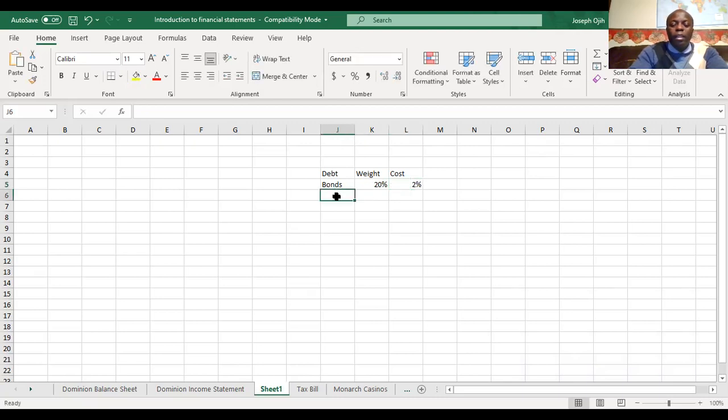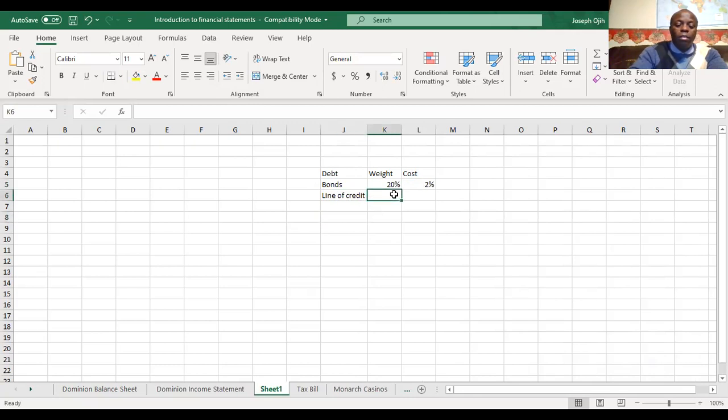And then the line of credit that they got from the bank. Let's say that it is 50% of the debt that they have. Okay, we say 50%. And then the cost is 3% or 5%.